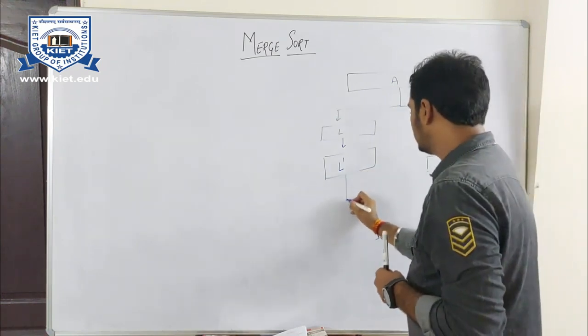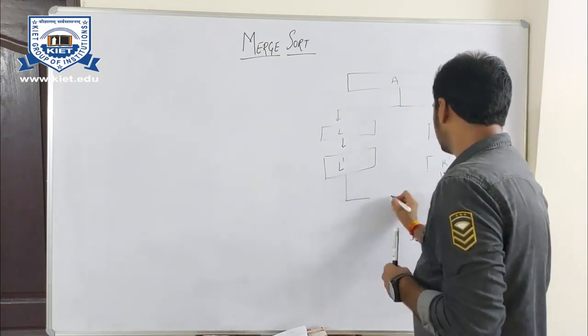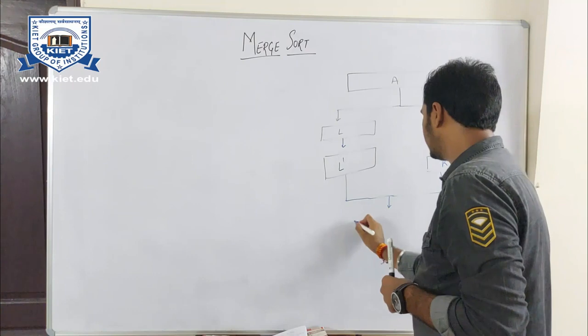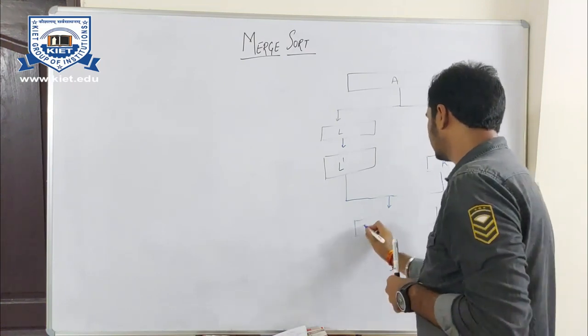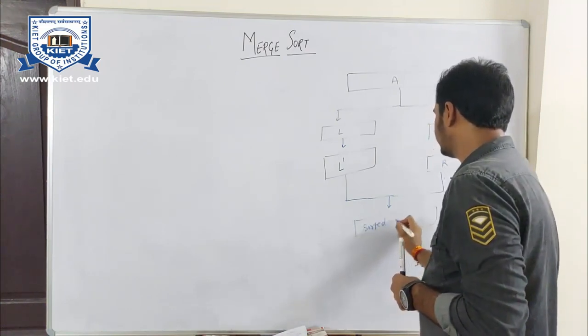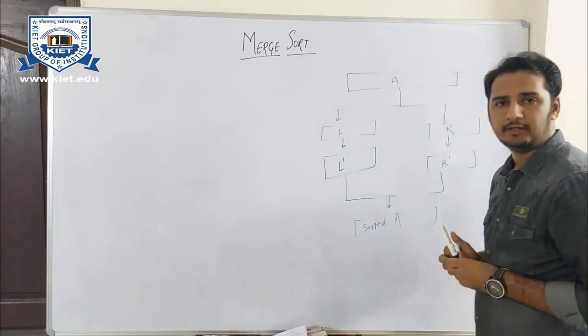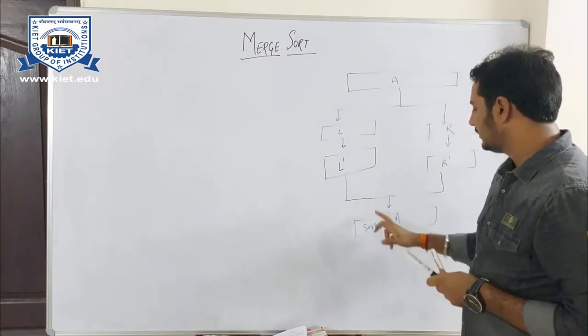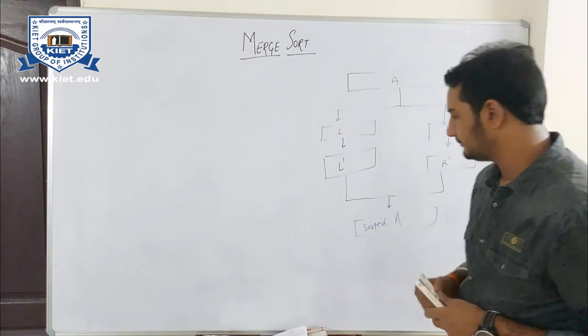Then we will merge them and get a sorted array A. Okay, so let's write a procedure for this.